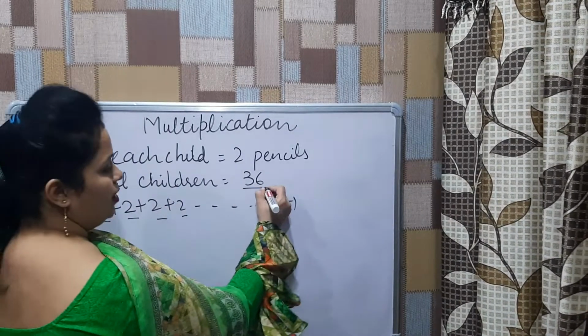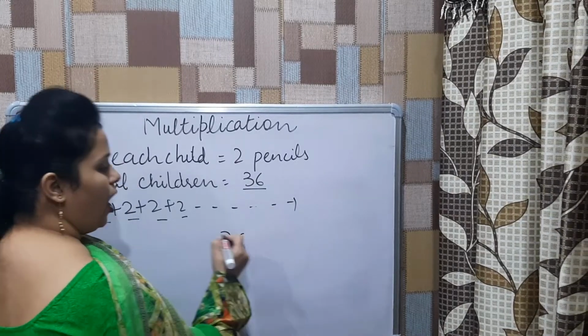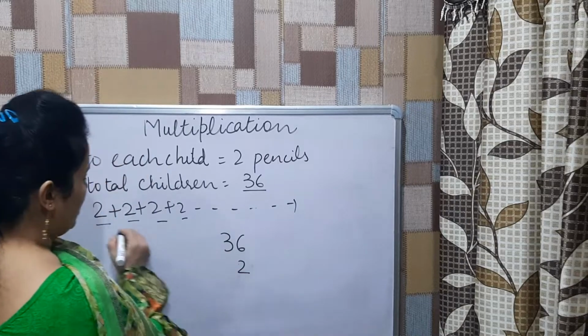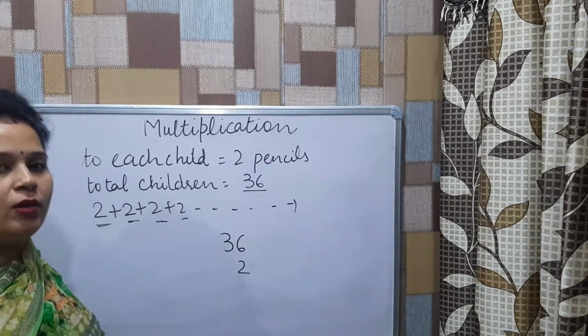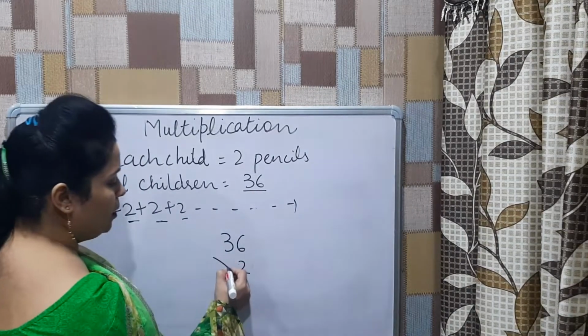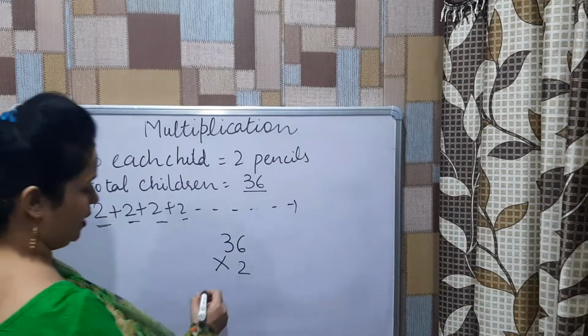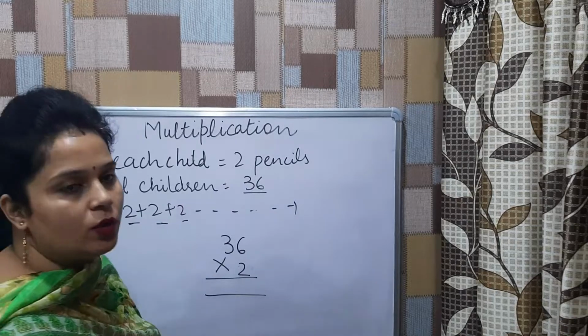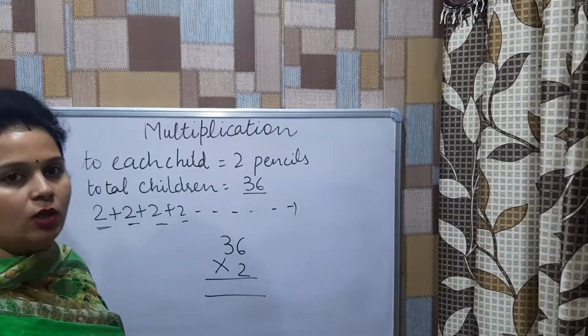How many children are there in your class? 36. How many pencils you want to give to each child? 2. Here the addends are same. To each child you are giving 2 pencils. So you will multiply 36 by 2. When you multiply, you will get the total number of pencils you need to buy.